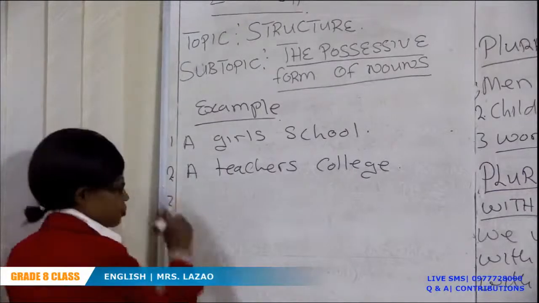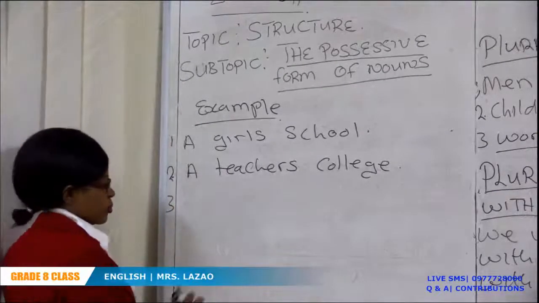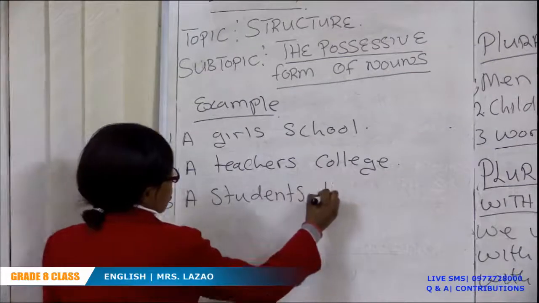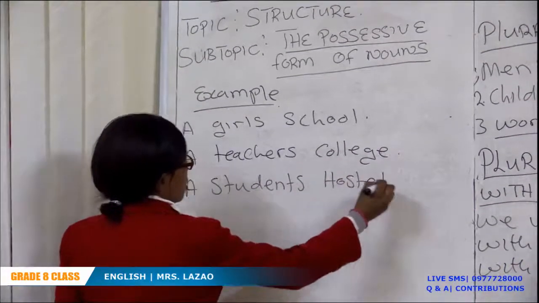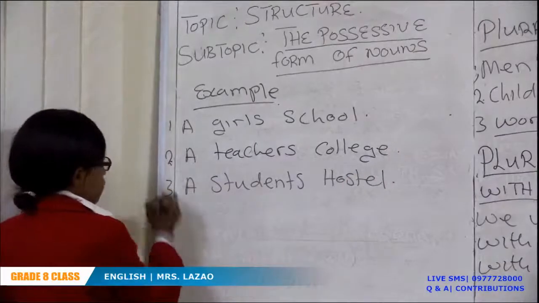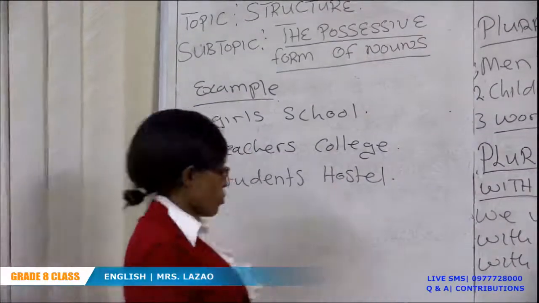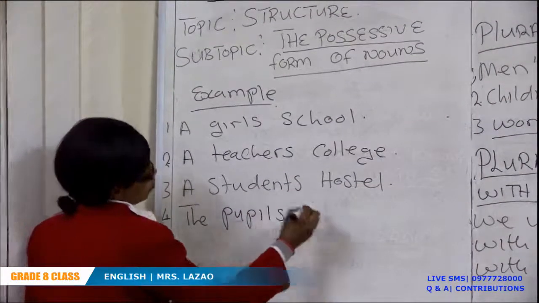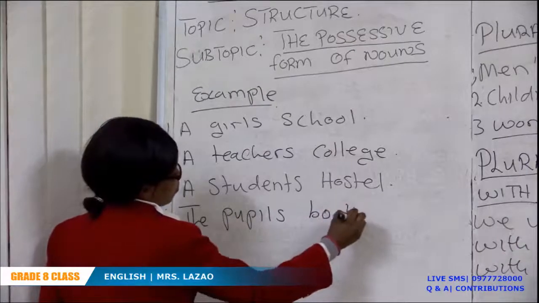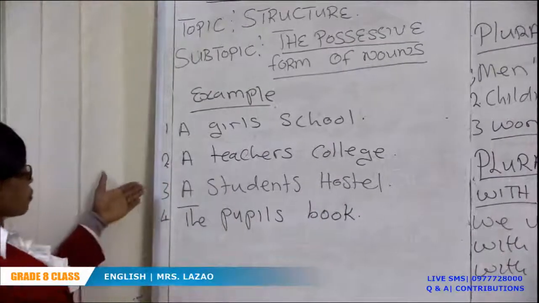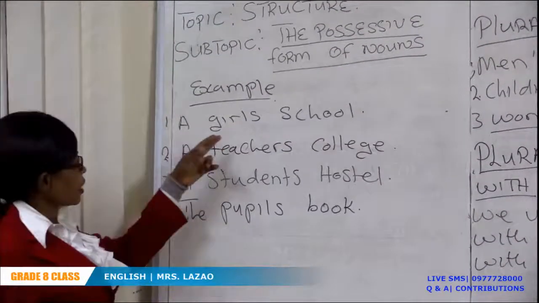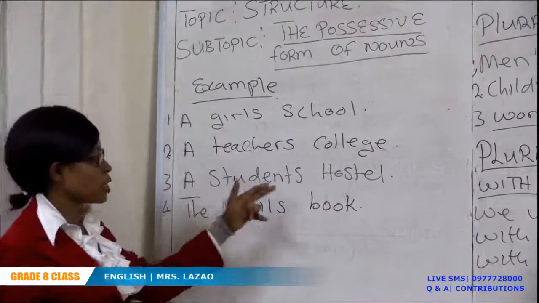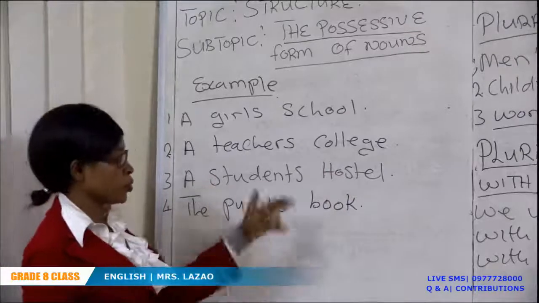Number 3: a student's hostel. Number 4: the pupil's book. I'll give you 4 examples. The first one says a girls' school. Number 2, a teacher's college. Number 3, a student's hostel. Number 4, the pupil's book.